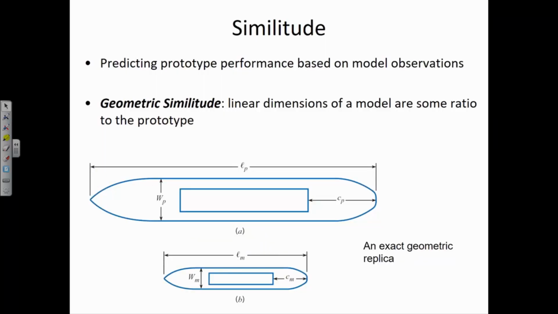Okay, so there's two types of similitude that we're going to talk about. And the first is the scaling of size, which many of us are already acquainted with, the idea of a model that's maybe, in this case of the San Francisco Bay, they're saying the horizontal distances are 1 to 1,000. So in geometric similitude, you'd have a prototype, which is the full scale, and a model, and they're identical in all of their features except the sizes are just ratioed down.